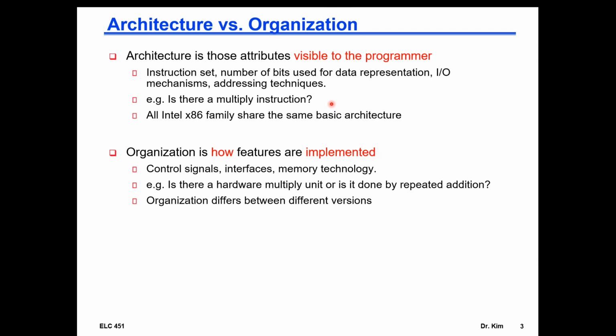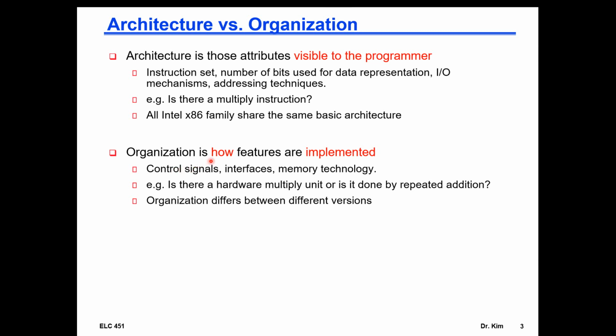It takes longer, but you still can do it. Just like you don't have to have a floating point unit to do floating point. You don't even have to have 32 bits to do floating point, which in single precision is 32 bits. You could do it with 8 bits. It takes a long time, but you can do it. That's architecture, that type of communication.